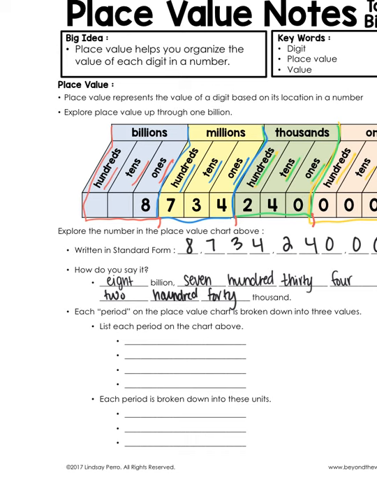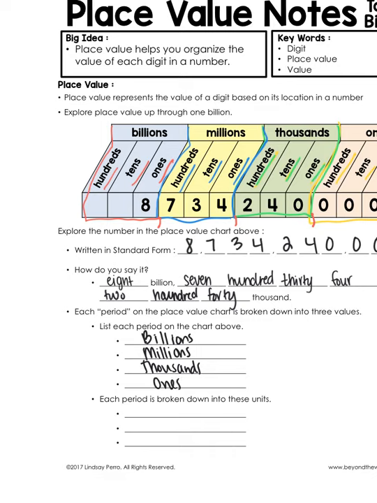So each period on the place value chart is broken into 3 different values. Each period means where the commas separate. So you have billions, millions, thousands, and ones.